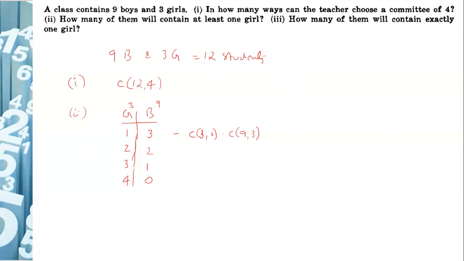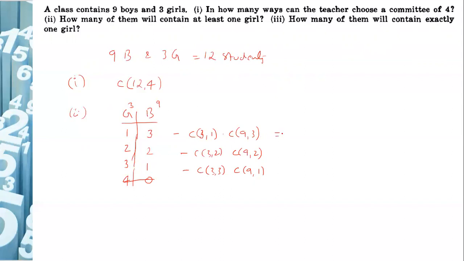This is the possibility of one girl from 3 and 3 boys from 9. Similarly, C of 3 comma 2 times C of 9 comma 2, and C of 3 comma 3 times C of 9 comma 1. Sorry, the selection of 4 girls is not possible because I forgot that there are 3 girls only. So these are the 3 possibilities.